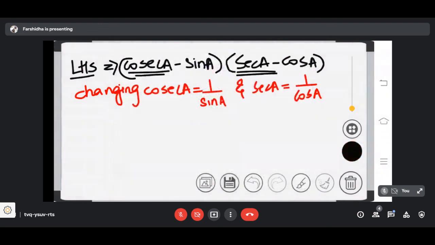So reciprocal of cosec is sin. So we'll write cosec A equal to 1 by sin A and we'll change sec A as 1 by cos A.